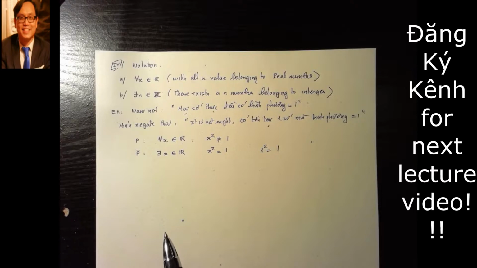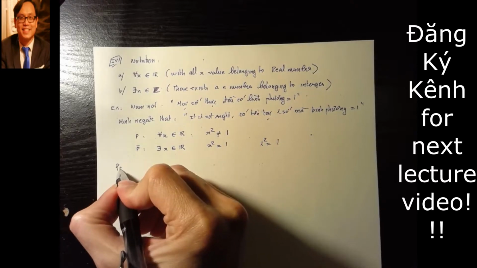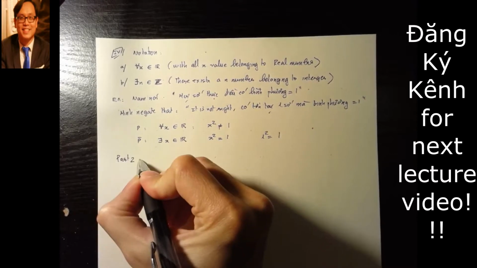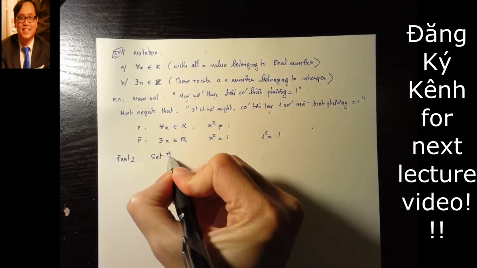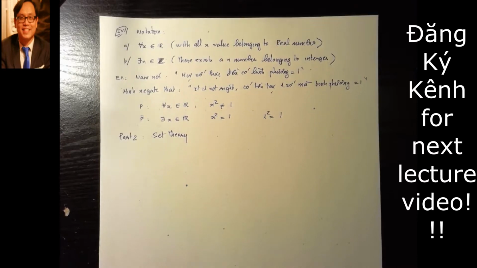Okay. So on the second part of the lecture, I'm going to talk about set theory. Part 2. Set theory. In the previous video, when I gave you a lecture on discrete mathematics, I already introduced you a little bit to what is meant by a set and the elements of a set.